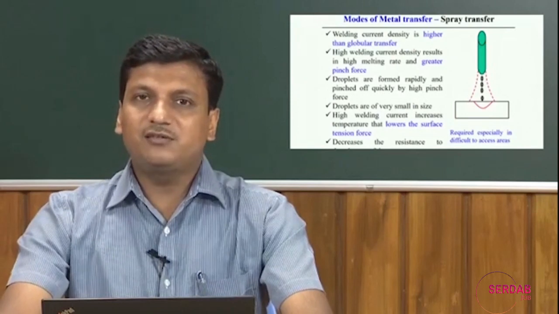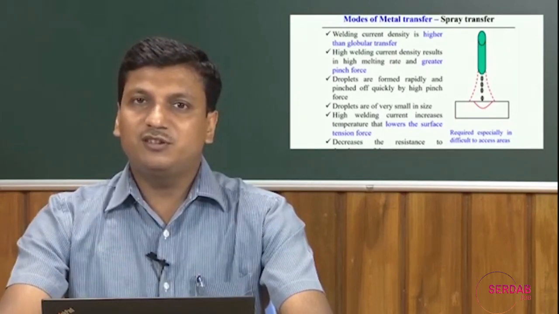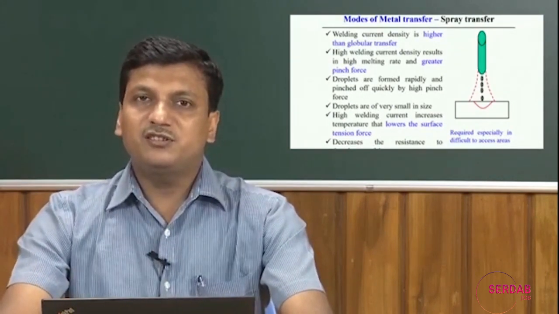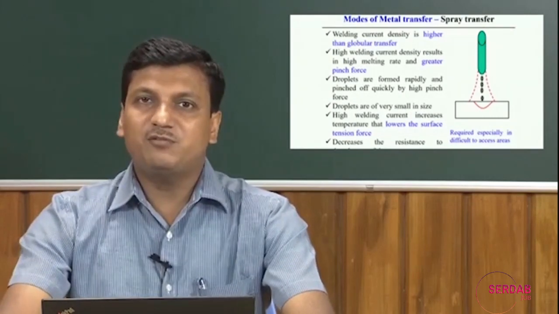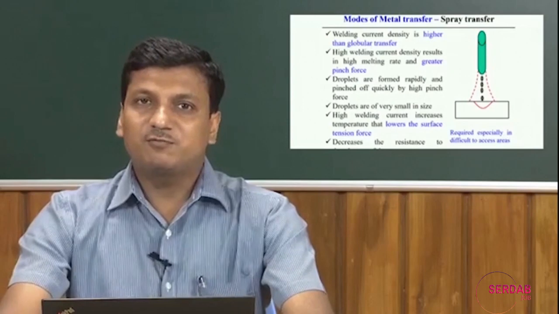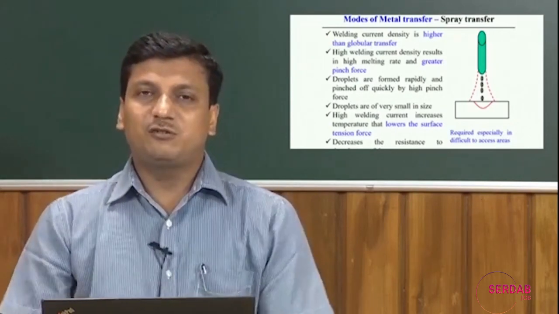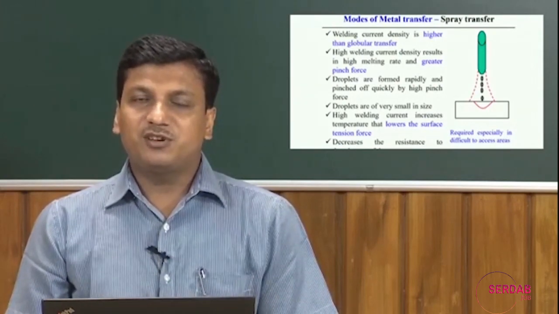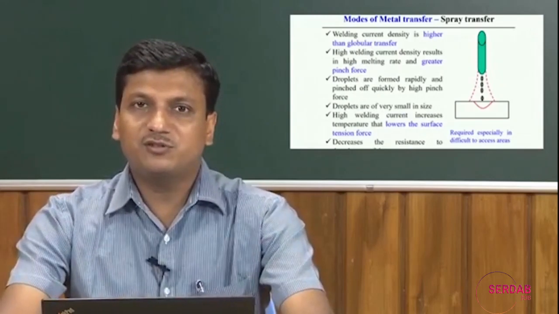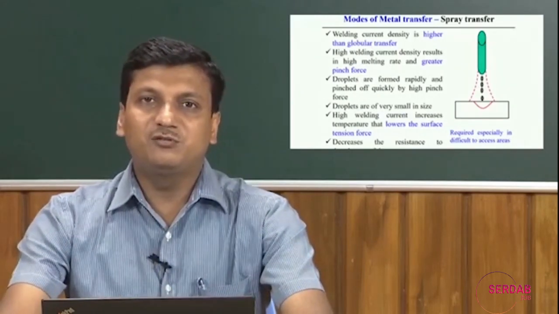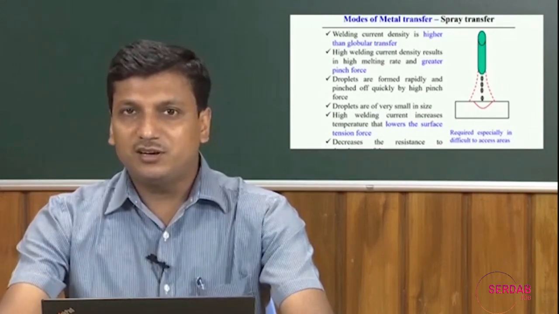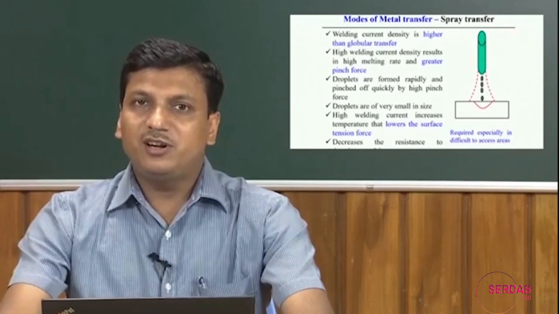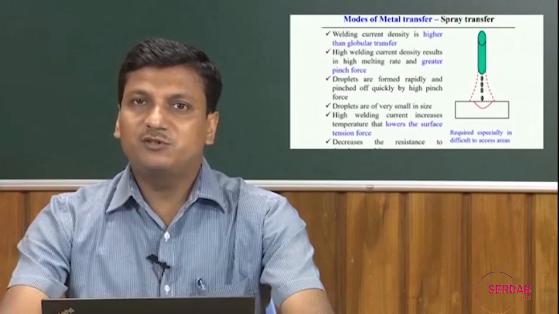Although it is a very complicated phenomenon, still by changing the current density or other secondary parameters, for example, shielding gas environment and gas flow rate, we can influence the droplet transfer. If you want to discuss in detail the droplet transfer in the gas metal arc welding process, we need to consider all these parameters, but to some extent it is possible to control the type of metal transfer depending upon the need of the welding situation or different specific cases.